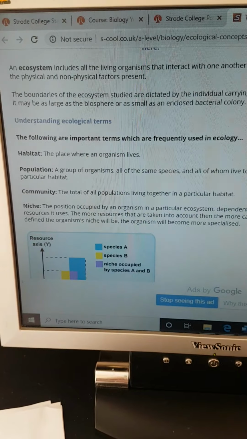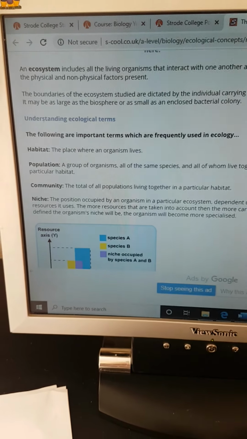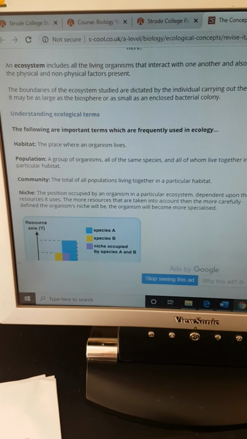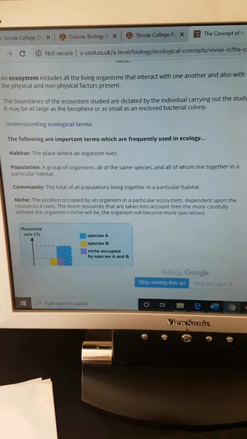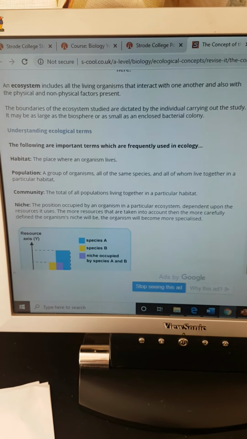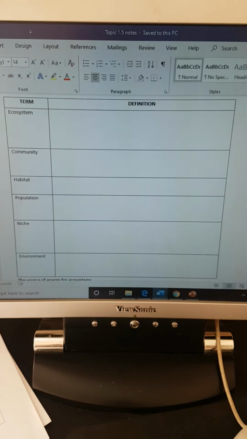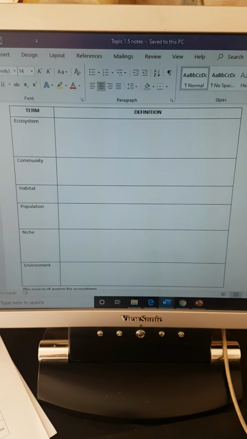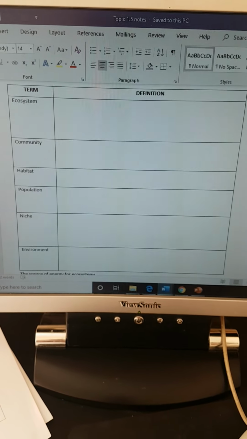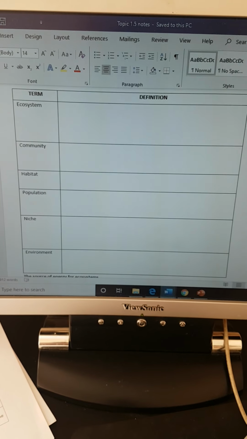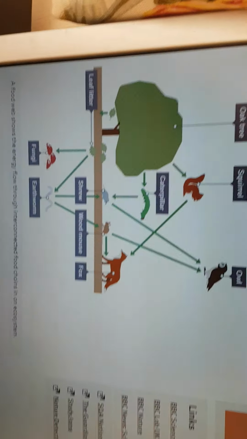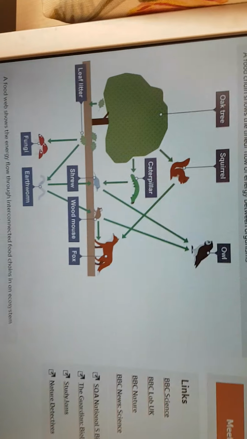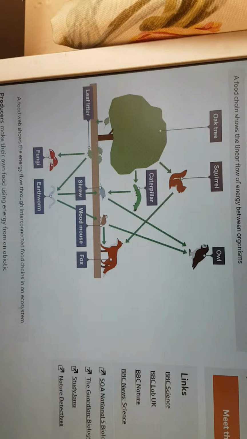Got it up here actually. You can use those definitions there, or use that webpage to help you match them up, and the answers are on Moodle for this sheet as well. And once you've matched them up and checked your answers, copy the relevant definitions then onto the note sheet as shown here.